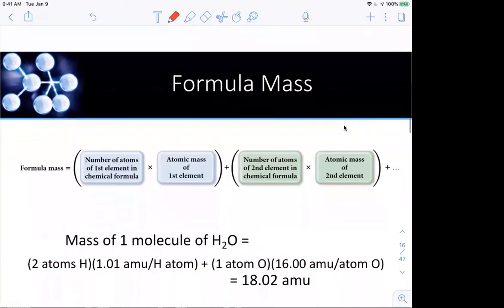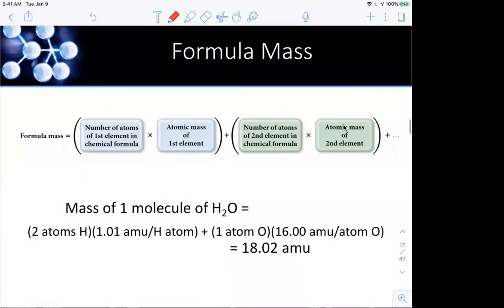Okay, so let's give you an example. If I'm looking at H2O and I want to calculate the formula mass, if I only look at one molecule, recognize this unit is going to be atomic mass unit. So from the formula, I have 2 hydrogen atoms and 1 oxygen atom.